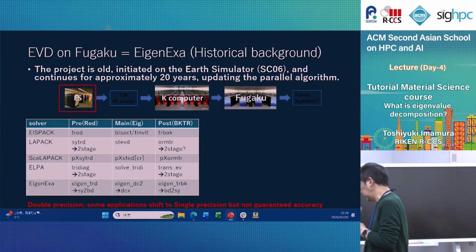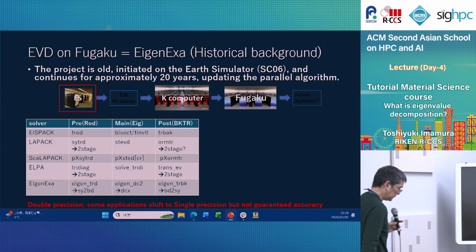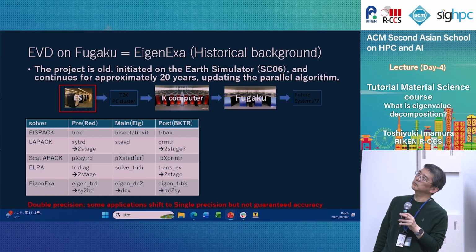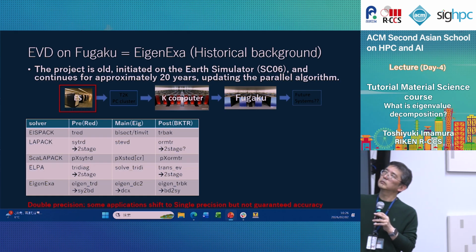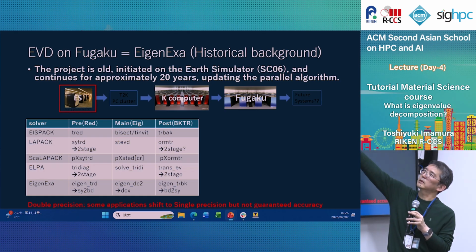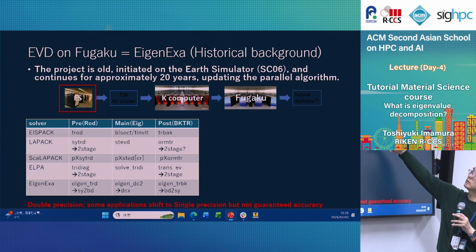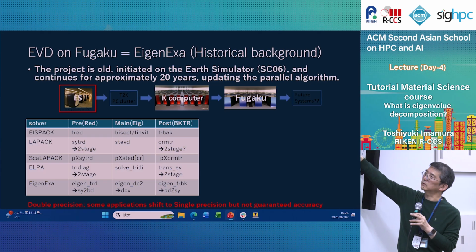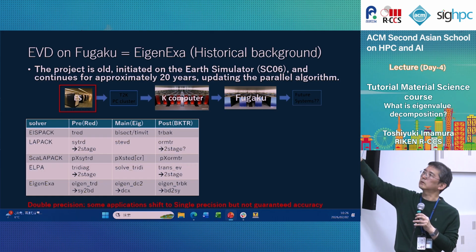But now we are operating the Fugaku system. 10 years ago or so, we had the K computer, and now Fugaku, and this year we initiated the next project, the next Fugaku. We expect the system architecture to be a hybrid of CPU and GPU.